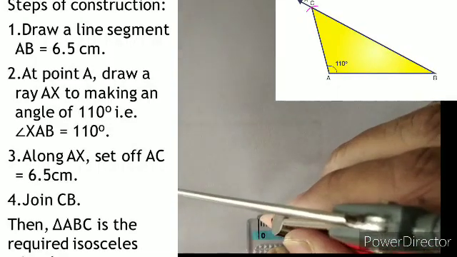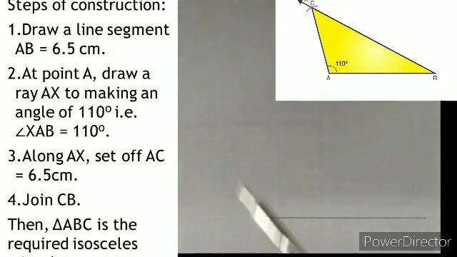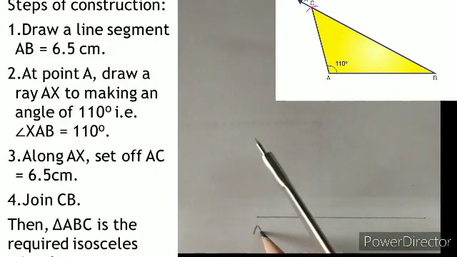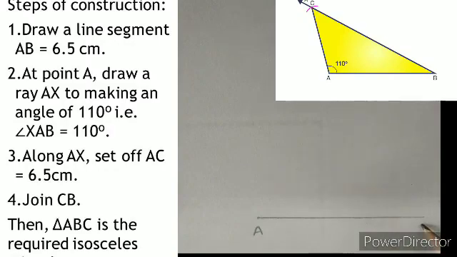Draw a line segment of length 6.5 centimeter. Name it as AB.